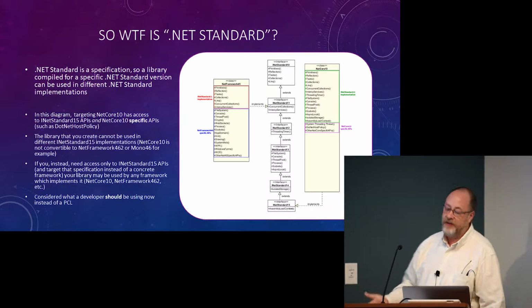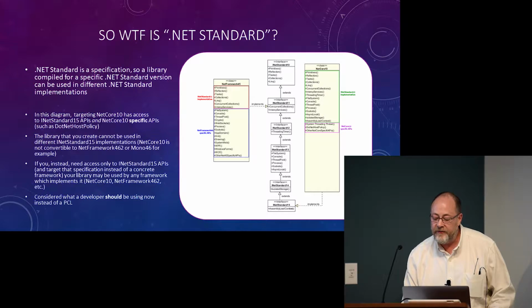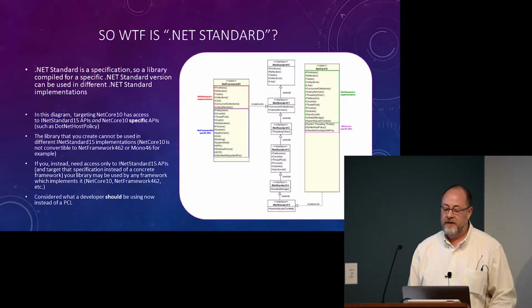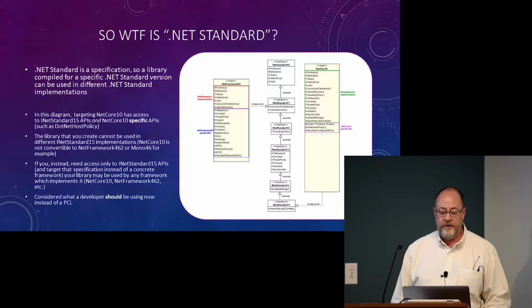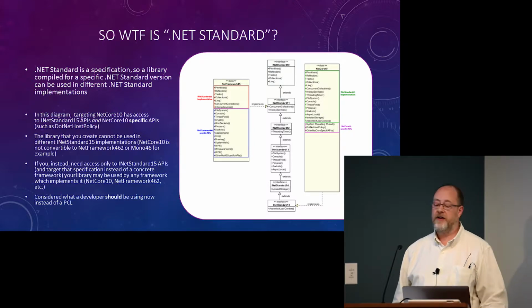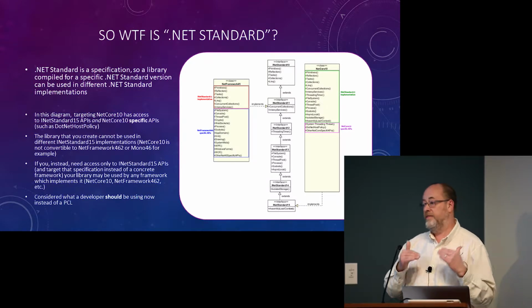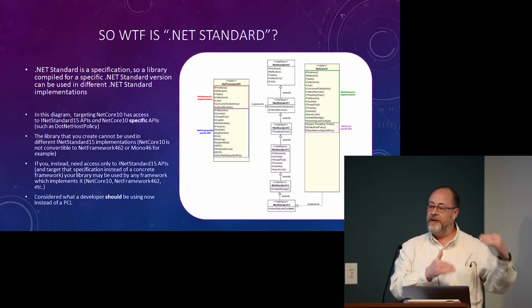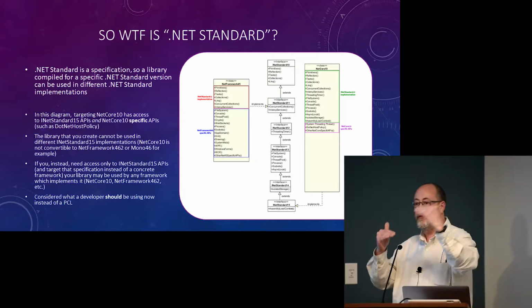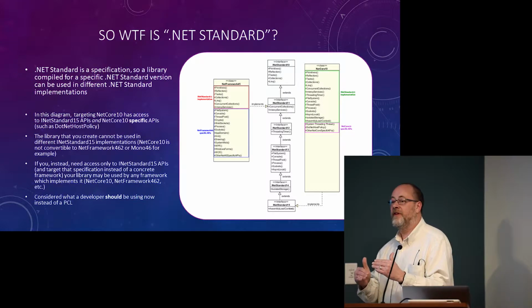In the middle, basically, in this example, there is a part of the .NET Standard spec, a namespace called .NET Standard 1.5, or I think it's actually 1.0 in his diagram, that's a part of that spec. And so that means that the current regular .NET framework has chosen to implement that spec. And .NET Core, the current version, has also chosen to implement that spec.